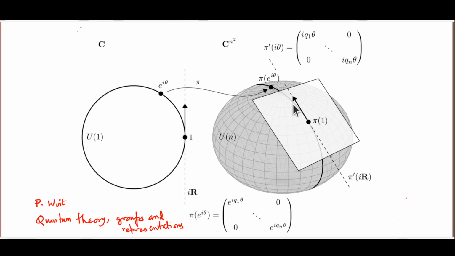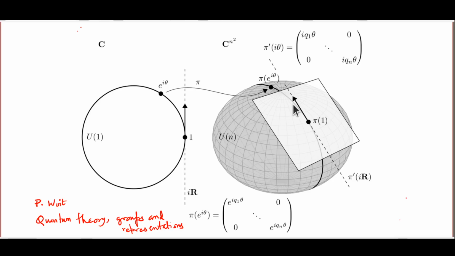And basically what this mapping is going to do is that it's going to map tiny pieces on the original group manifold onto tiny tangent vectors in the resulting group manifold, that is resulting vector space. And this is going to be what gives Lie group theory its immense power, as I'm sure you will begin to appreciate by the time we develop this course a bit more.